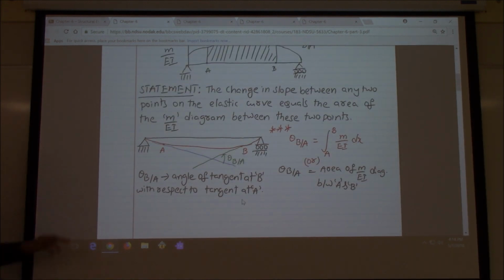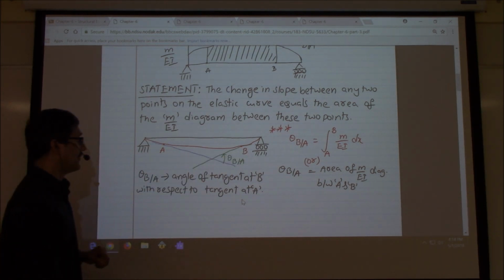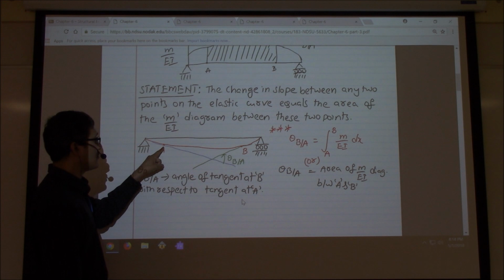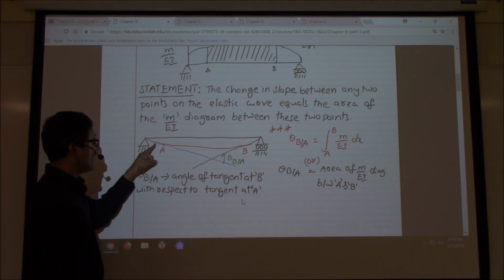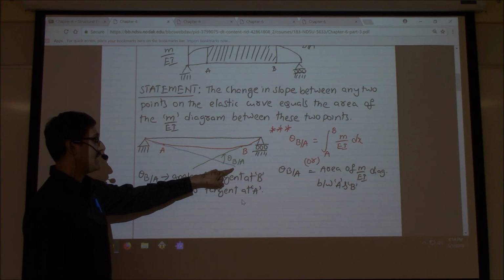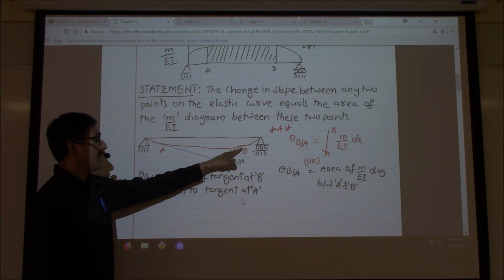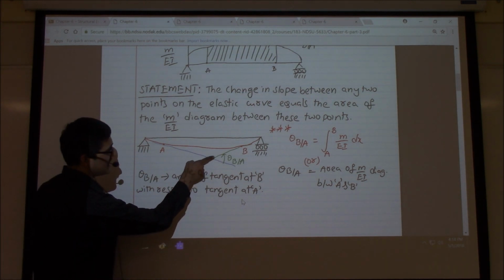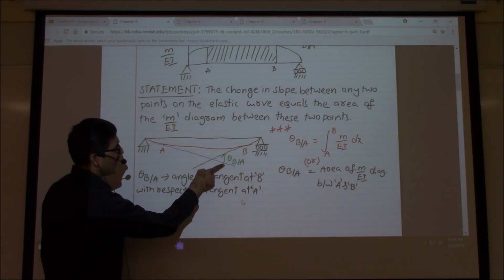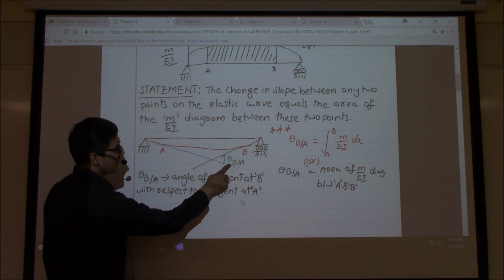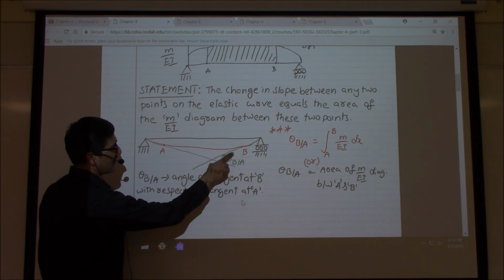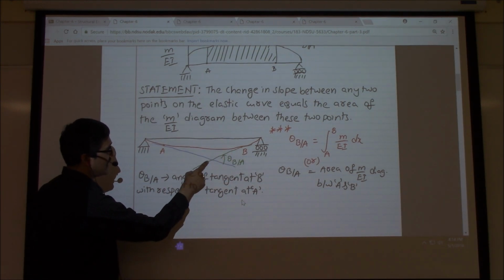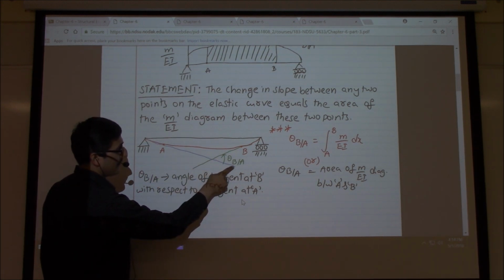For example, if I have this specific simply supported beam, and I choose 2 points A and B, if I draw a tangent through point A, that is referred to as tan A. The blue line here is tan A. The green line that passes through point B is tan B. The angle made by the tangent B with respect to the tangent A is referred to as theta B by A. Here the point of interest is B. That means you are trying to measure the angle made by the tangent passing through B with respect to the tangent passing through A.